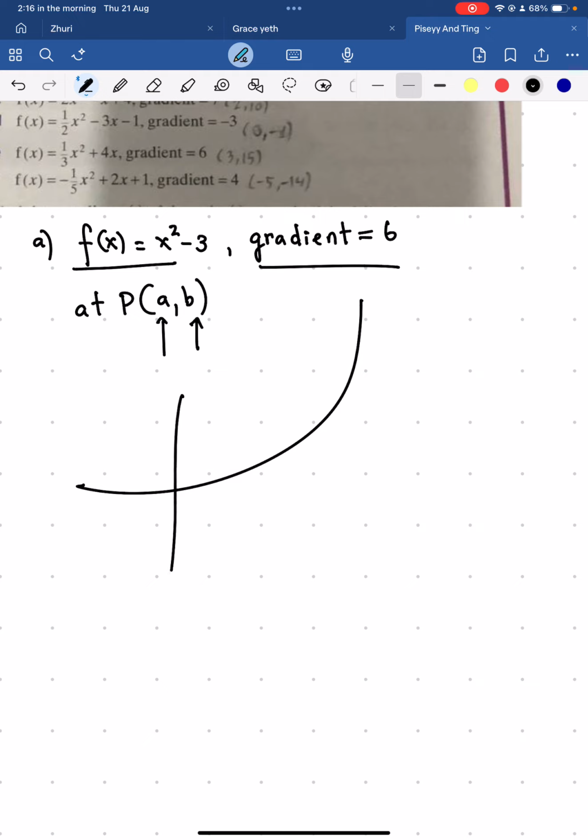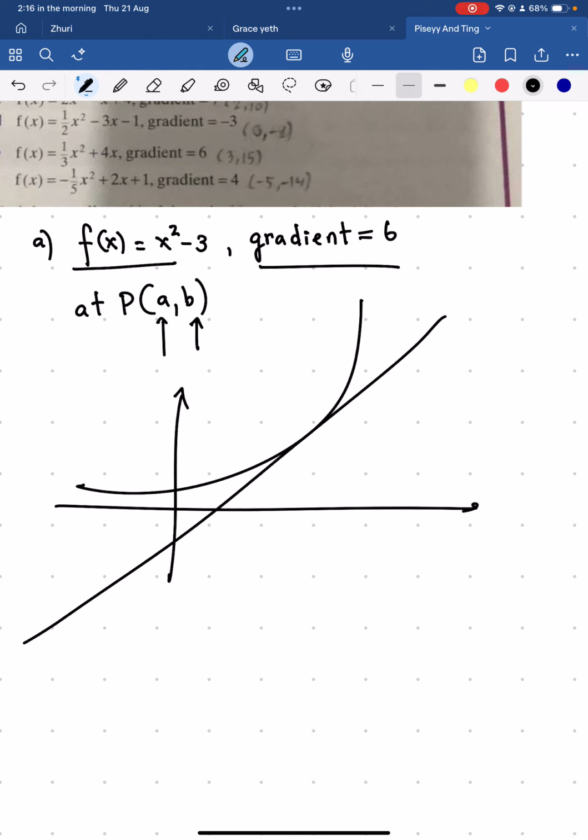At x equals a, this is point P. When the gradient is 6, it means f prime of A equals 6, so we plug A into f prime of x and get 6. Also, because P belongs to the curve, we can find the y-coordinate B by plugging A into f of x as well.